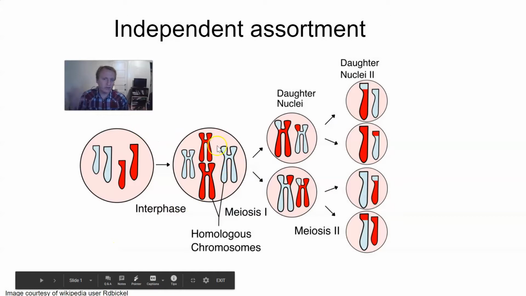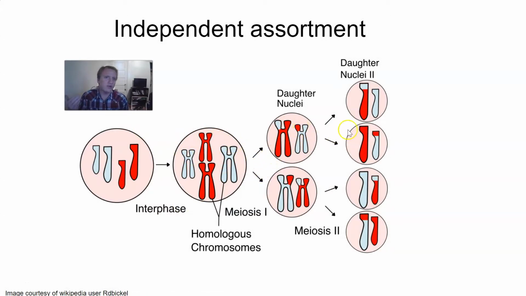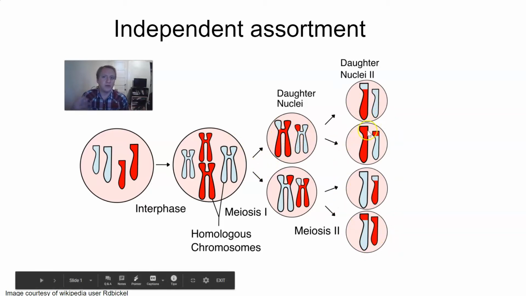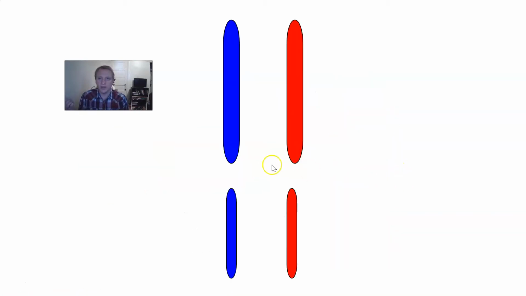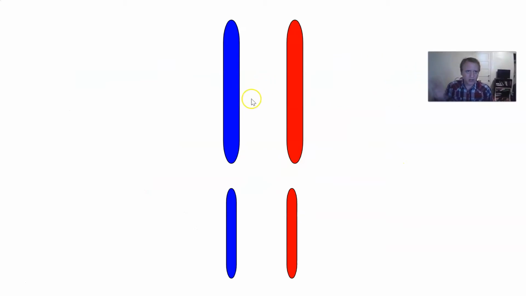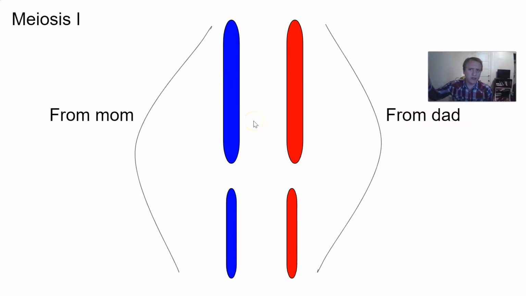So here's a picture of meiosis. And in meiosis, obviously, you have this crossing over thing that happens, and you wind up generating your 4 gametes. So here are some chromosomes. These ones are from mom. These ones are from dad. They're not really colored in this fashion, I'm just using that to differentiate these.